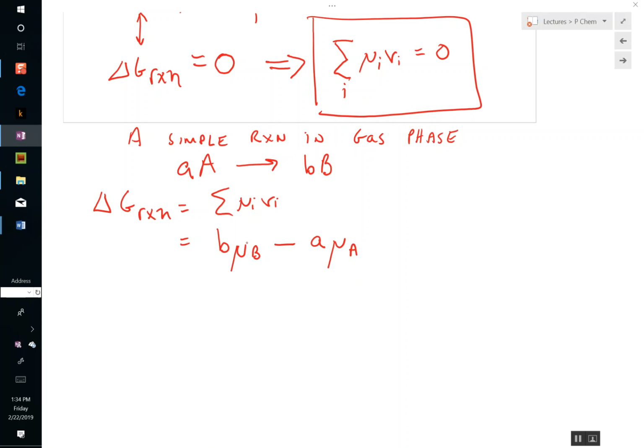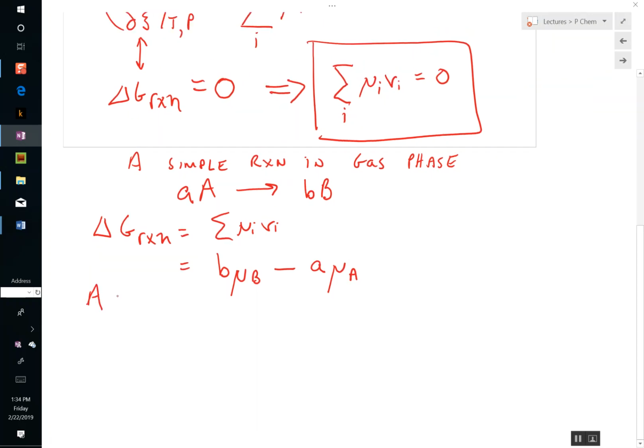So this is nu A, and it is negative because it's a reactant. Okay? So now, let's assume, for the time being, assume ideal behavior. We're doing this in the gas phase.